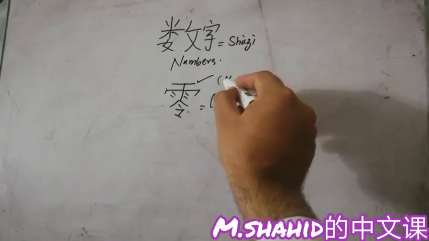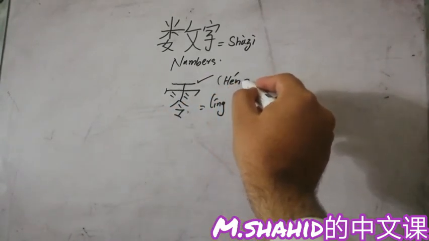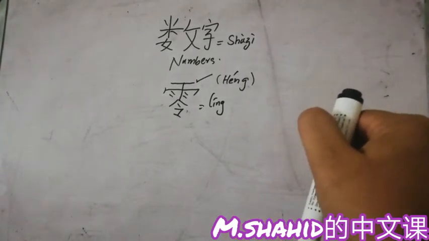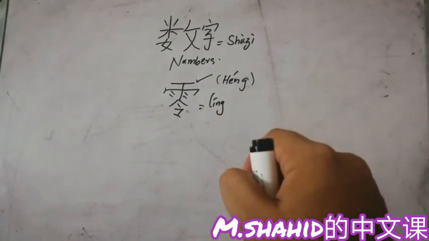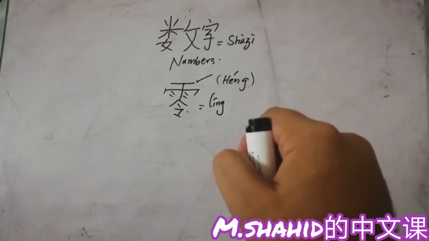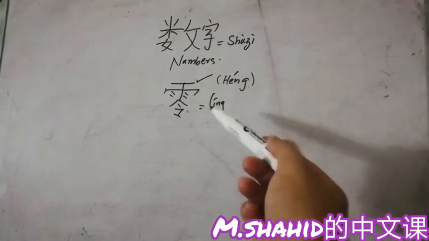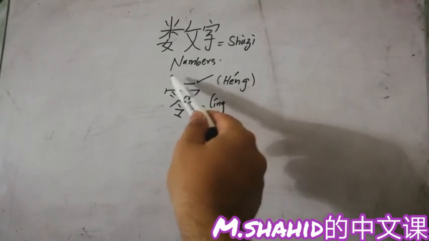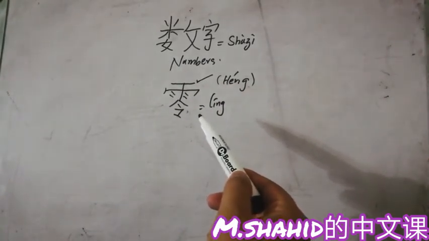This one is known as Heng. So I left this stroke out when writing the Ling character for number 0. You just have to keep in mind not to miss this stroke while writing the number 0.